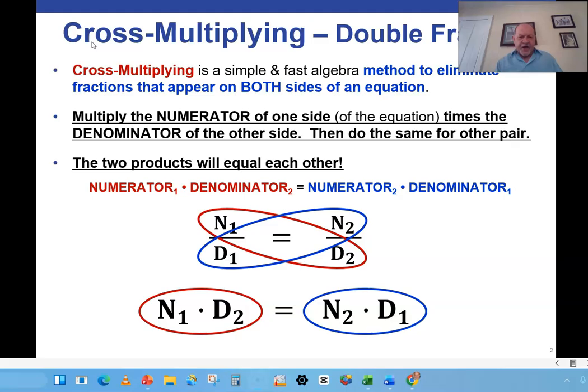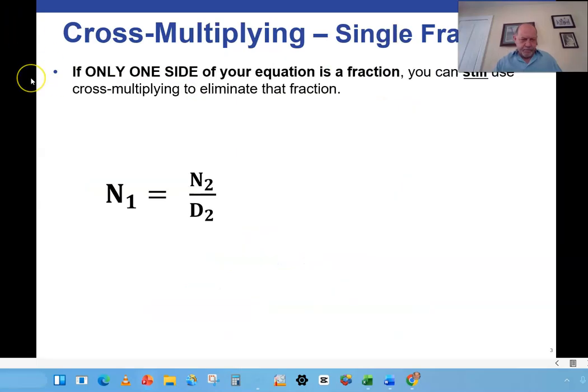Now, what if you have only one fraction in your equation? This actually comes up quite frequently. Let's say it's numerator 1 equals a fraction, numerator 2 divided by denominator 2. You can still use cross-multiplying to eliminate that fraction.